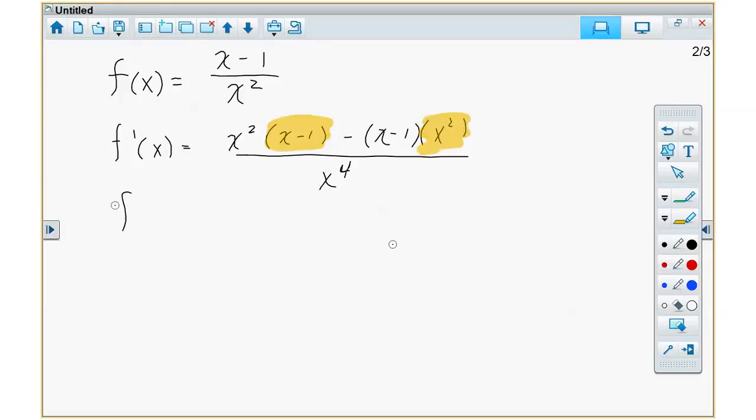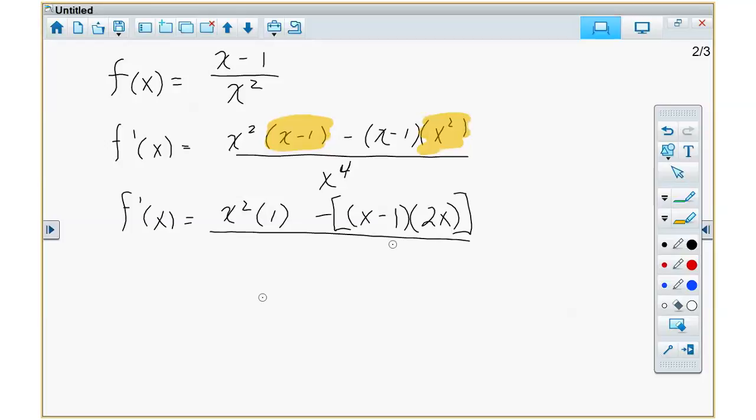So f prime of x is equal to x squared times 1 minus x minus 1 times 2x over x to the fourth.